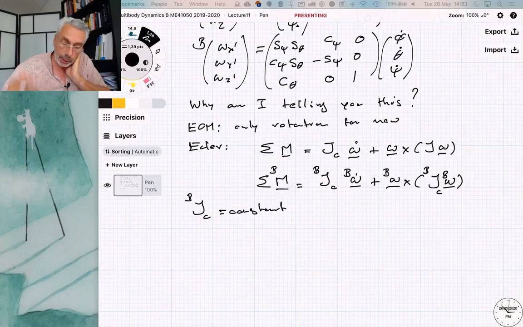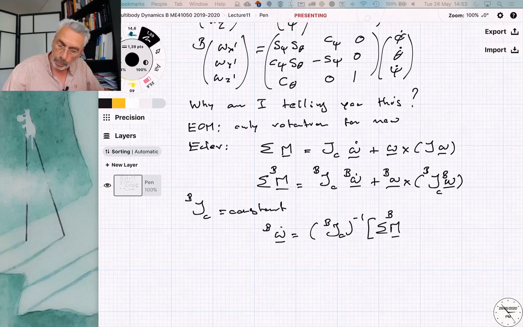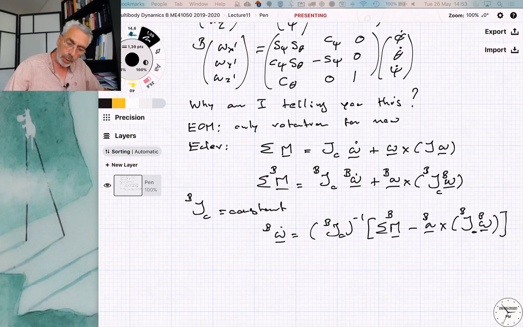So with this equation we can say, omega dot in the body fixed frame is the inverse of the mass moment of inertia, times the sum of the torques, of course, minus this convective term, omega b cross I omega. Okay, so that's how we find our angular acceleration.